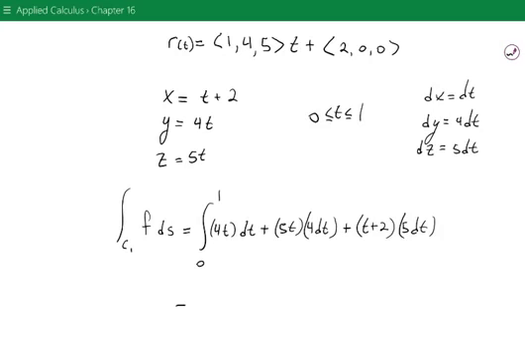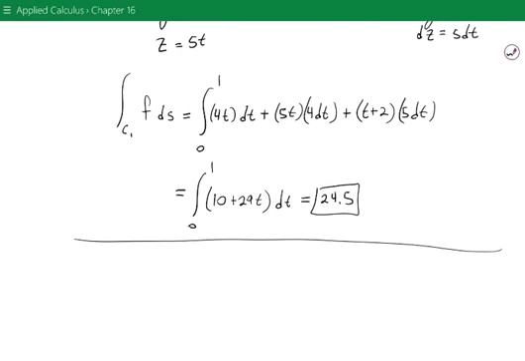And when we simplify all of that, we're going to get the integral from 0 to 1 of 10 plus 29t dt, and integrating that, it's a nice easy polynomial, 24.5. So that's the value along the first curve.